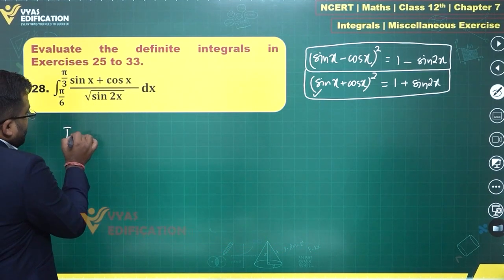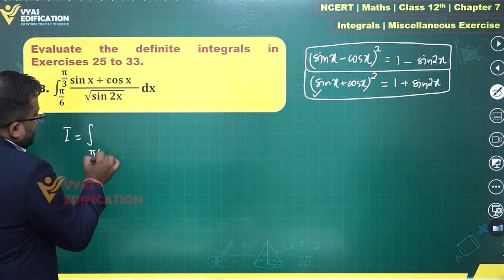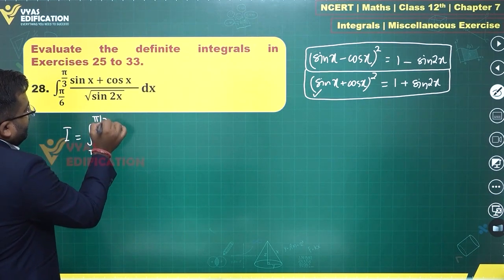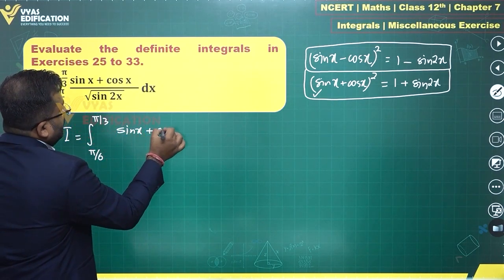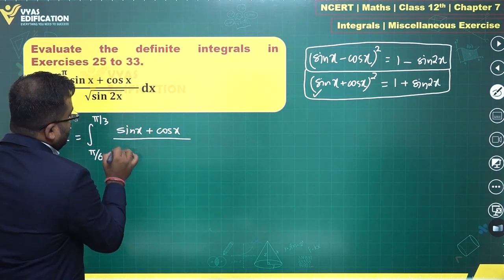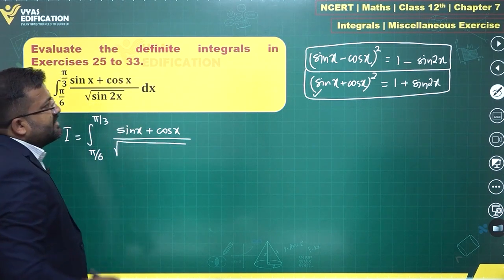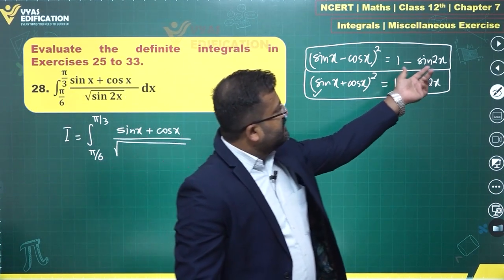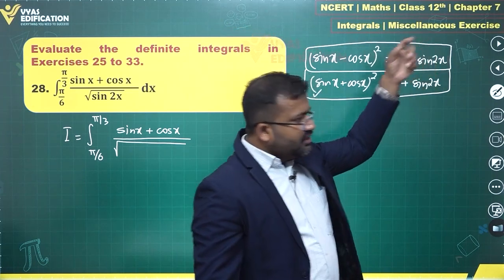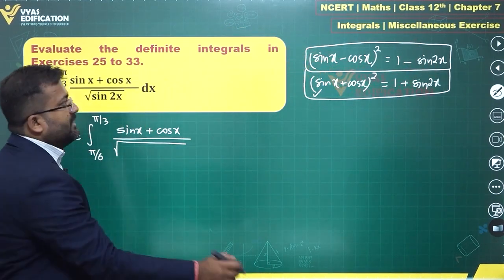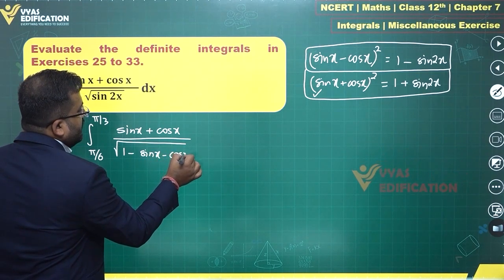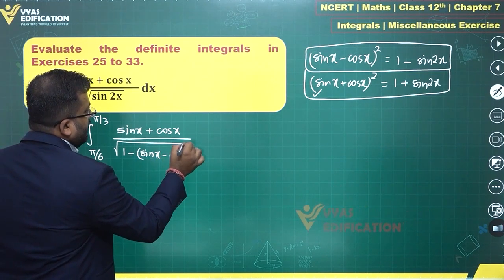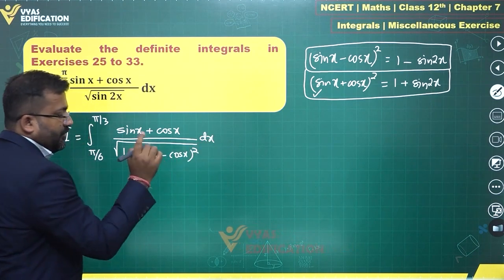So I is equal to the integral from pi by 6 to pi by 3. Sin x plus cos x is okay. Under root is also okay. Sin 2x, I can write as 1 minus this whole square. This is what you put.